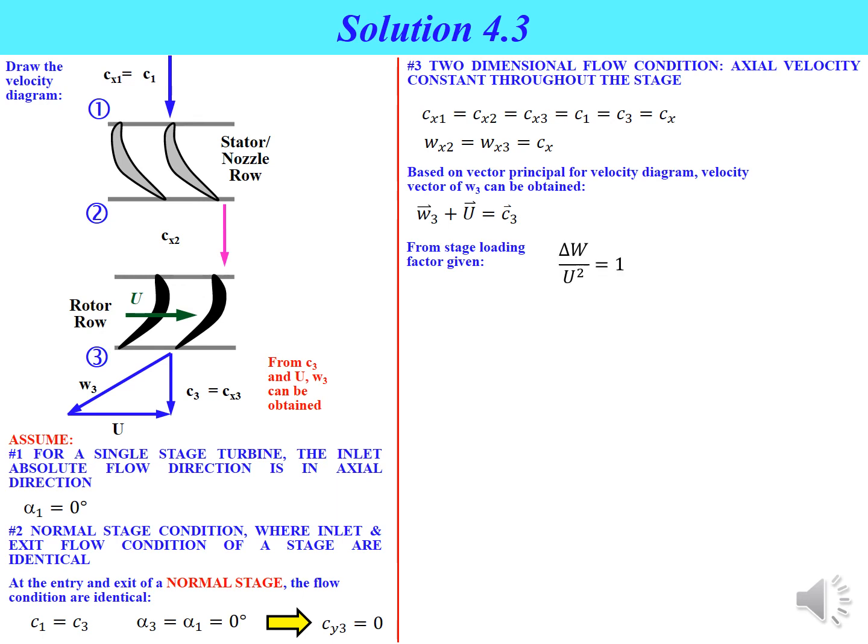Okay, from stage loading factor given, where delta W divided by U square equal to 1, where the formula for delta W equal to U times Cy2 plus Cy3, and due to C3 is in axial direction, thus we know that Cy3 will be equal to 0.